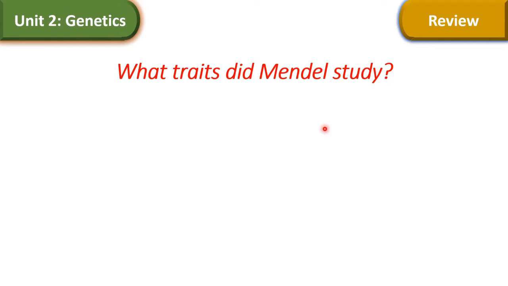Before we start with our lesson, let's have first a short review about what traits Mendel studied in relation to genetics. In page 55 of your Mastering Science 3A, you have the 7 traits that Mendel studied using his garden pea plants. So what are these traits?